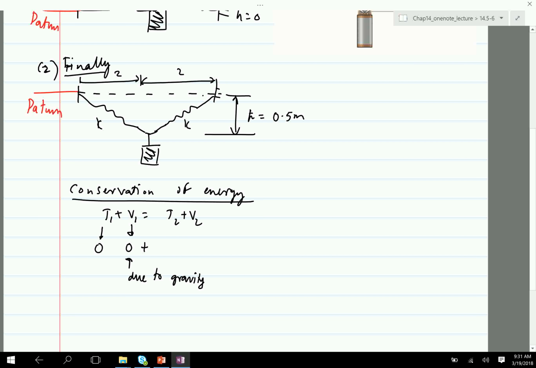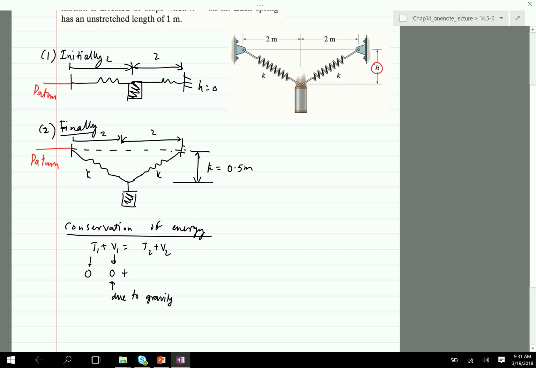plus what's the energy due to the spring? Half k. First of all, the sign is positive, so it's half k, and it's going to be the net stretch in the spring in this position. Then it's over here. So what's the stretch? So it's 2 meters is the initial length. What's the unstretched length? It's 1 meter.